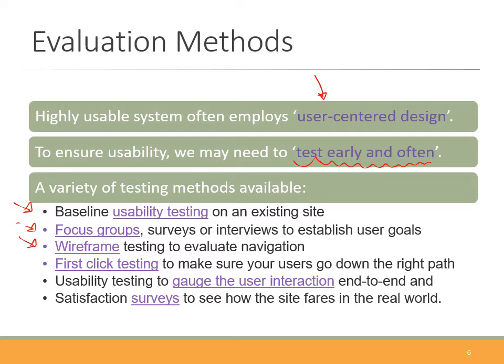Next, we can also use wireframe testing to evaluate navigation of the system. We can also perform first click testing to make sure that users go down to the right part or not. And usability testing to gauge the user interaction is another way that we can also do.